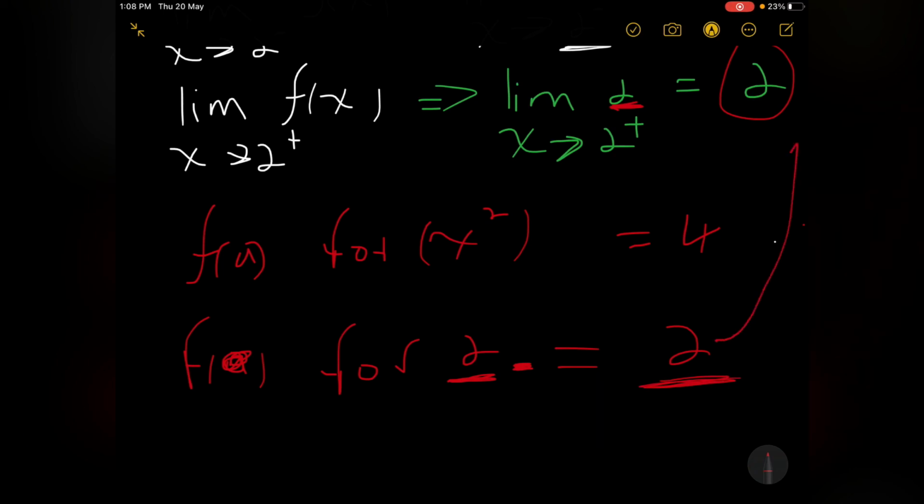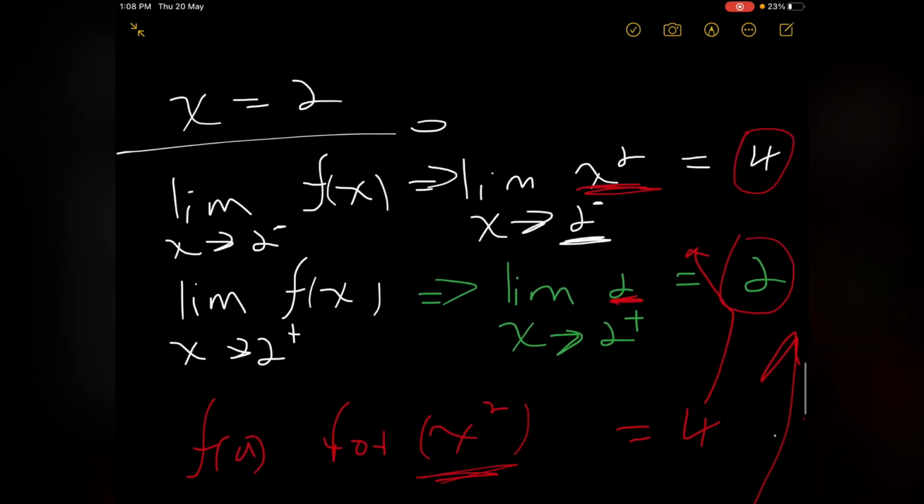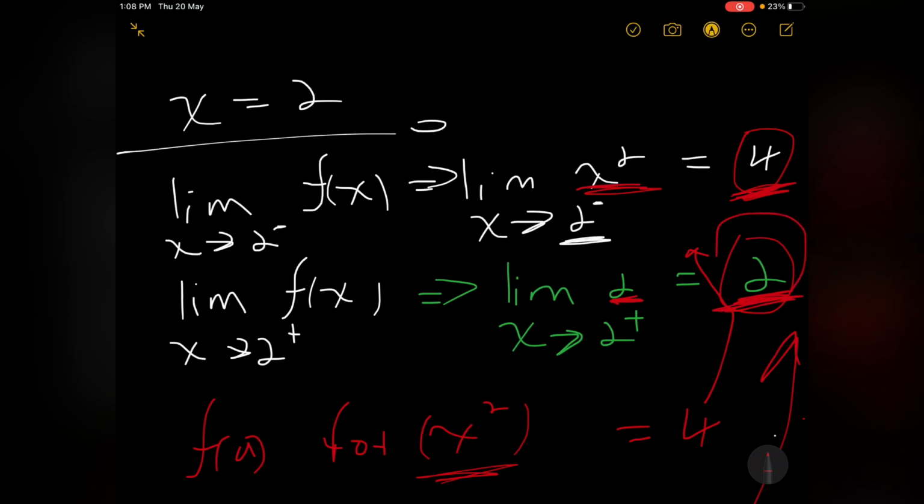And even though these correspond to each other for their individual functions, this still would be discontinuous because the value we get when we approach from the left is different from the value we get when we approach from the right. When this happens, this means that the limit of the function doesn't exist at that point. And that is one of the conditions that must be met for functions to be continuous. So this function is not continuous at the point 2.